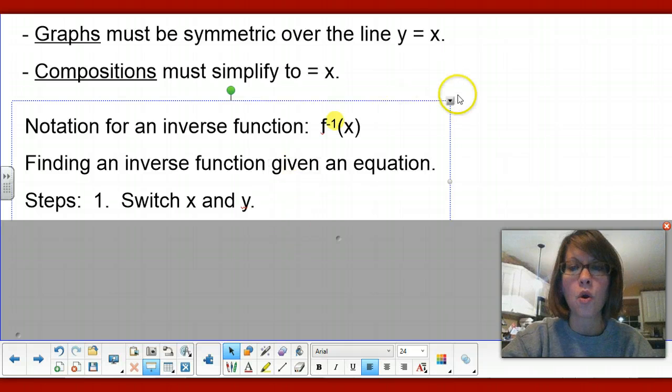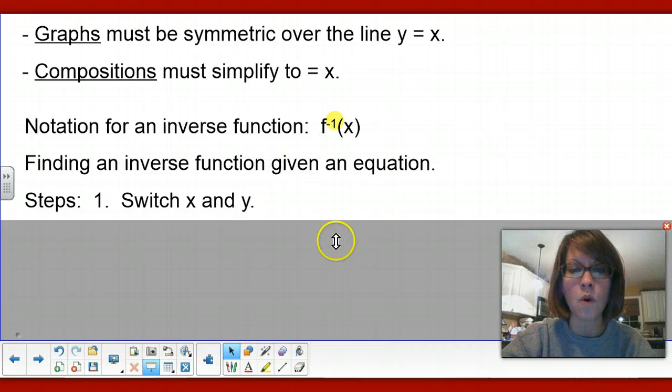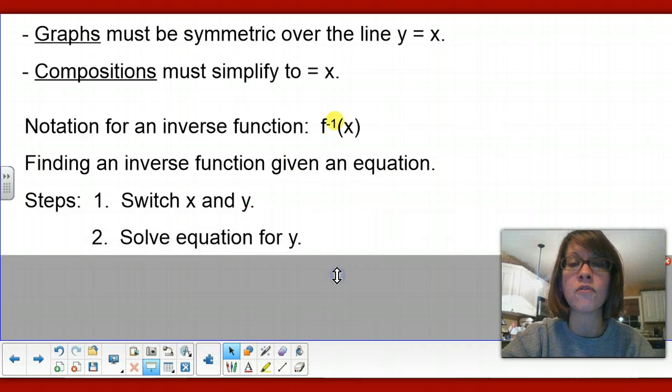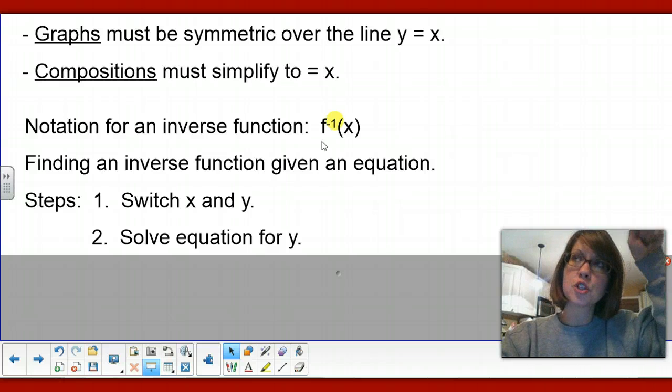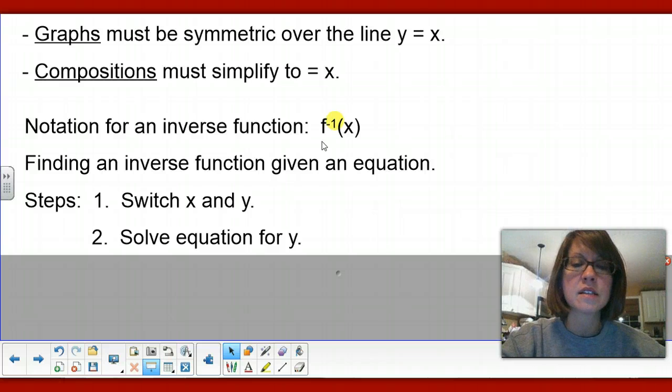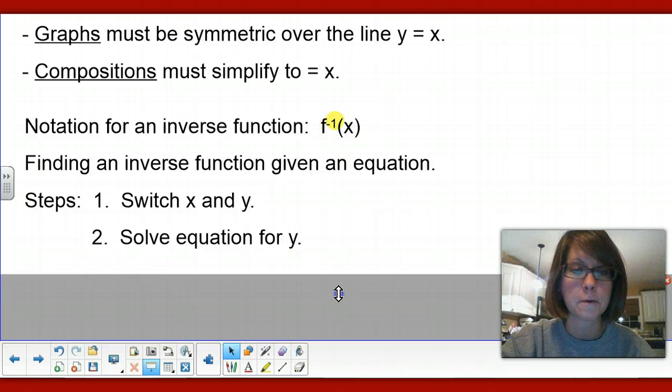We switch the x and the y, and then we solve the equation for y. Okay, we get that y by itself again. Once we do that, we need to put this notation on there, with that superscript -1 of x, saying it's the inverse of what we started with.